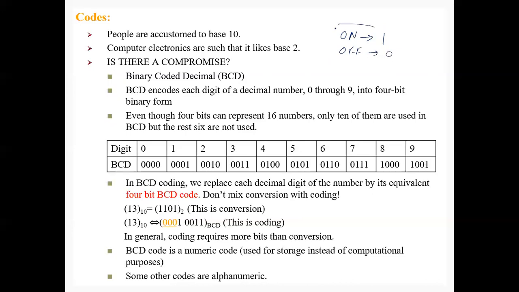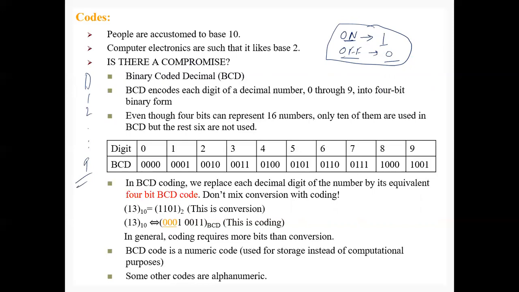Because computer just understands 0 and 1, right? So how do you make it understand 1 and 0? If some circuit is on, it means it is 1. If it is off, then it is 0. This is how the computer understands. But we humans are used to the base 10 system, 0, 1, 2, to 9.